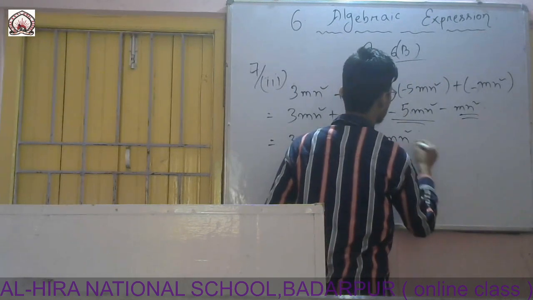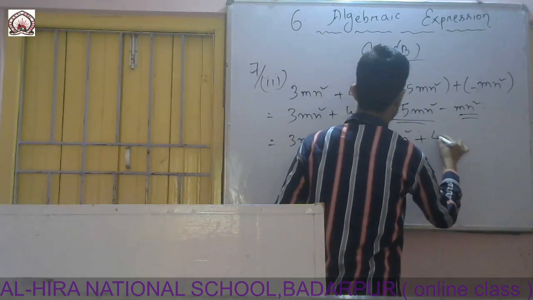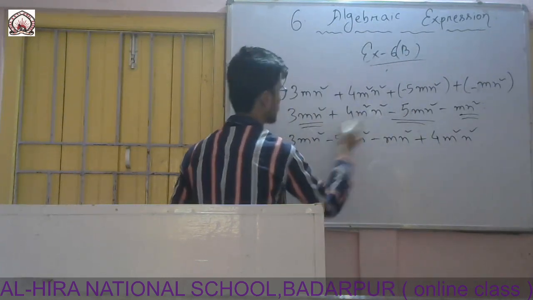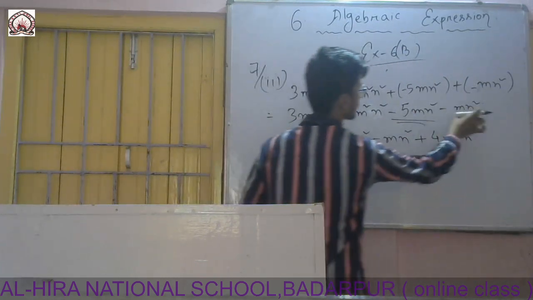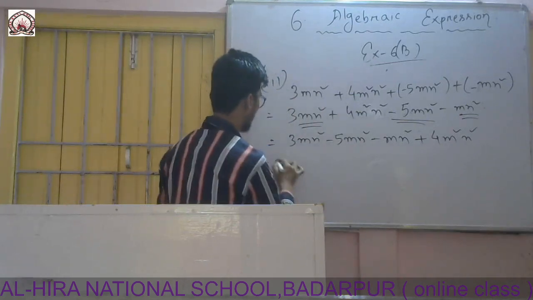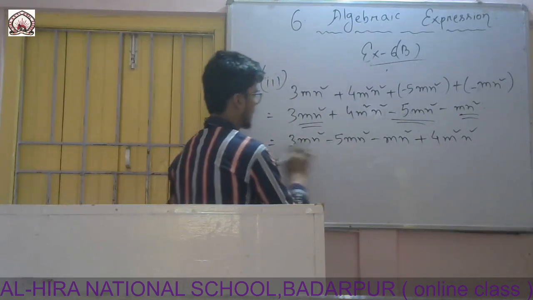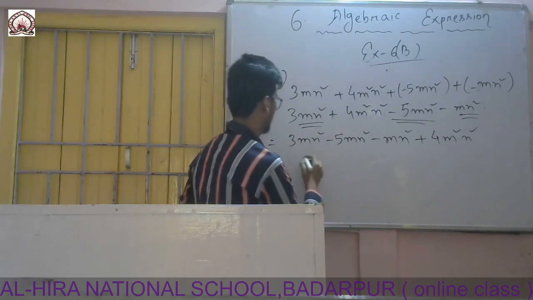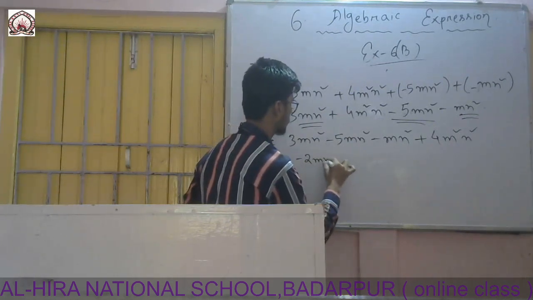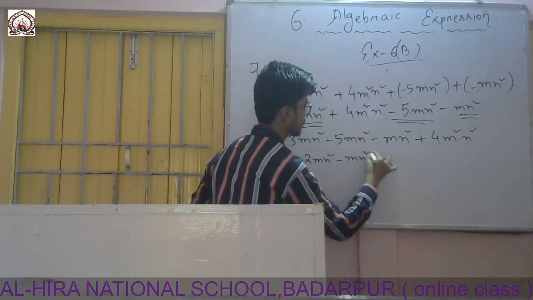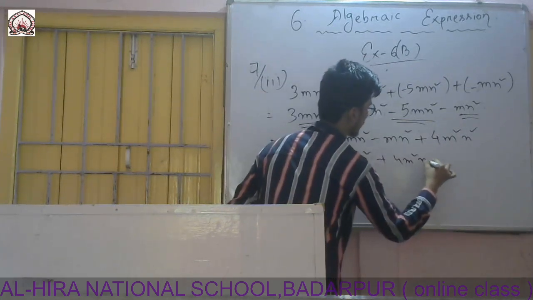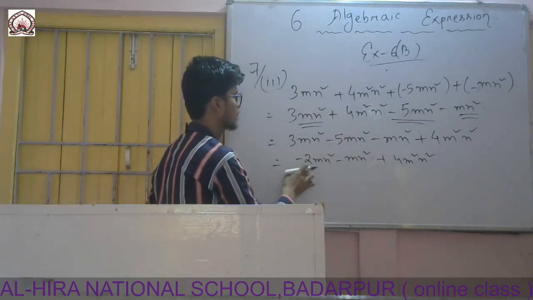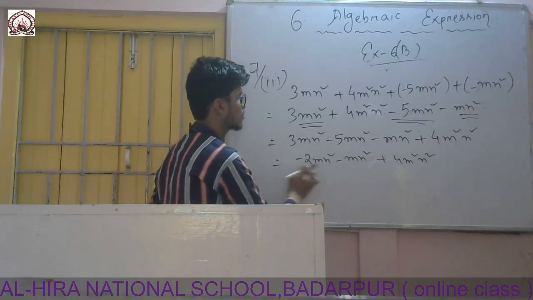So minus mn square plus 4m square n square. All of them are like terms. Now I will solve this part. Plus minus is minus, 5 minus 3 is 2, and it will be minus 2mn square, then minus mn square plus 4m square n square.